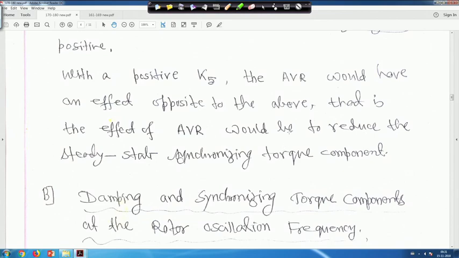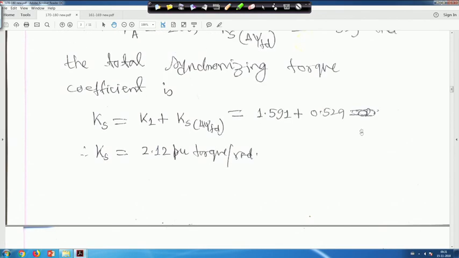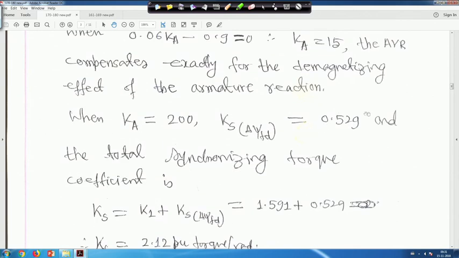So, you can see that this value may become negative if you take K5 positive. It may not be the exact value, it depends on the parameters, but it will be negative, not positive. So, if K5 is negative, it actually increases the synchronizing torque coefficient.